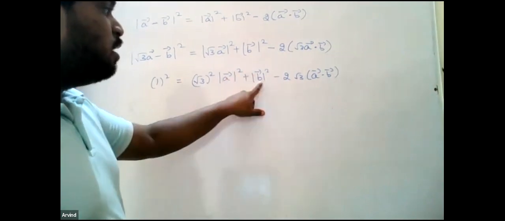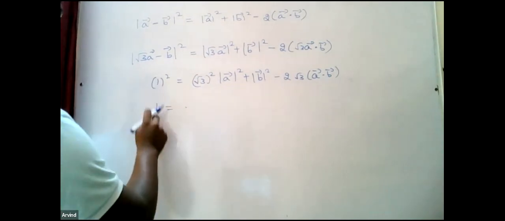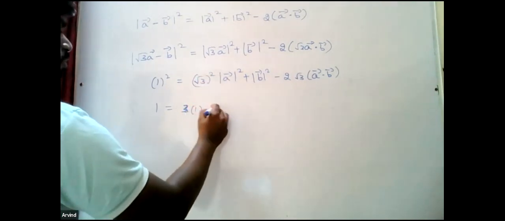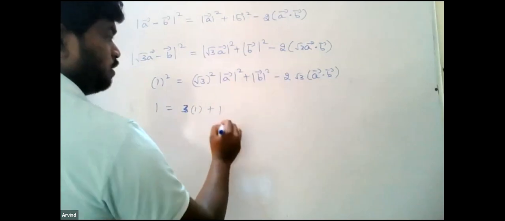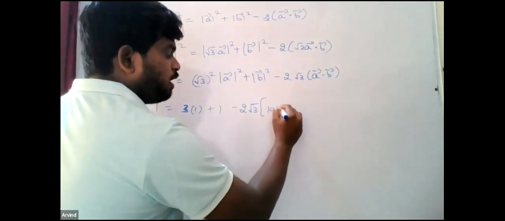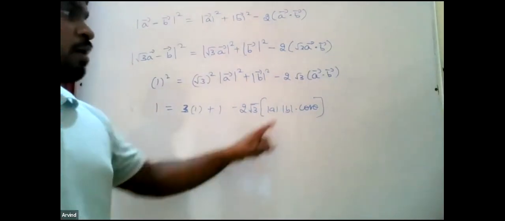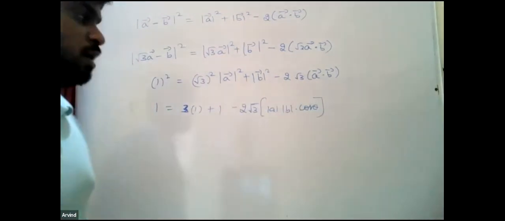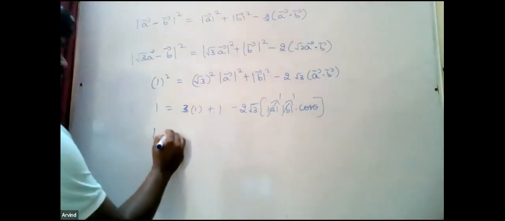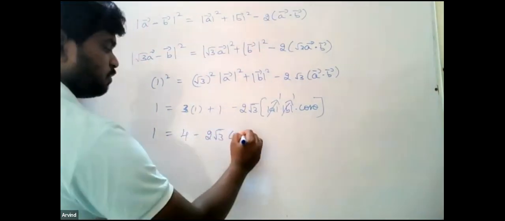So this value will be 1, this value will be 1. 1 square is equal to 1, root 3 square is 3 into mod a square is 1, plus this value is also 1, minus 2 root 3 a dot b. We know a dot b is mod a into mod b into cos theta. So I am using that. A dot b is mod a mod b into cos theta. This value is 1, this value is 1, so leave it, only cos theta remains. So 1 is equal to 3 plus 1 is 4 minus 2 root 3 cos theta.